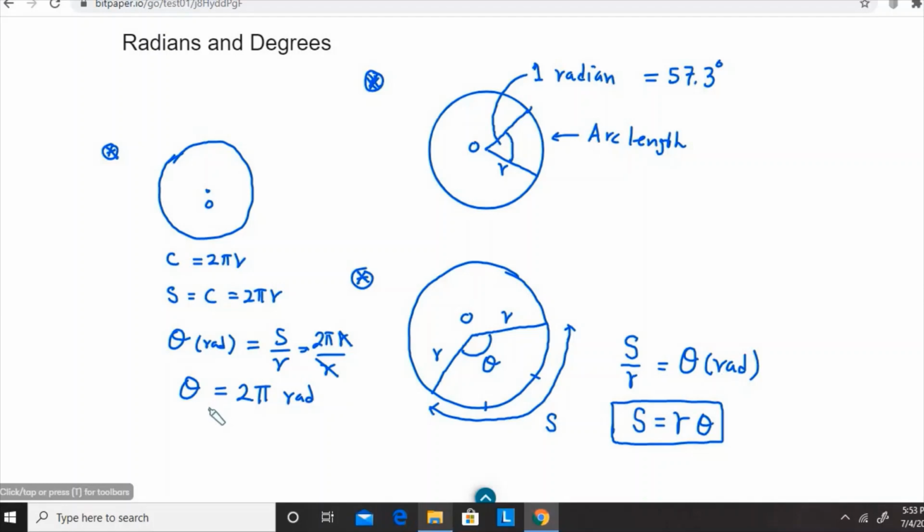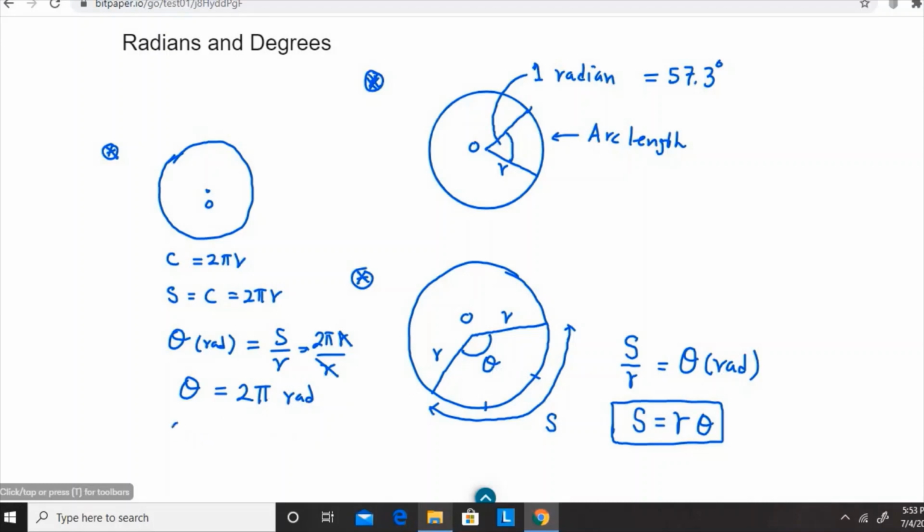So the circumference subtends an angle of 2 pi radians at the center. We already know that angle in terms of degrees is 360 degrees.